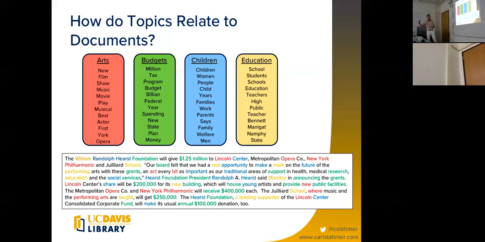We'll get into the probabilities, but you can see right away that every word really belongs to every topic, it just has a probability of how much it belongs to it. This word is actually part of every one of these topics. It's a question of which one it is most probably a part of.